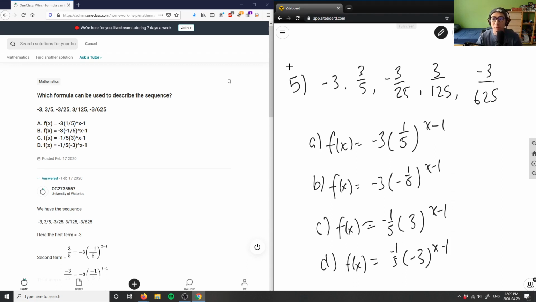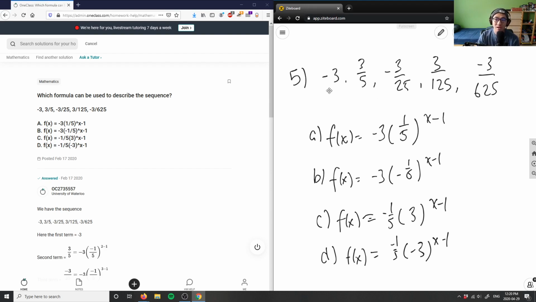So basically what we would do is sub our function here for all the terms to figure out if x equals 1 and x equals 2, right? So for negative 3 here, I would sub this value in for f of x. But if you look at the pattern here, I have negative 3, 3/5, negative 3 over 25, 3 over 125, and negative 3 over 625, right?